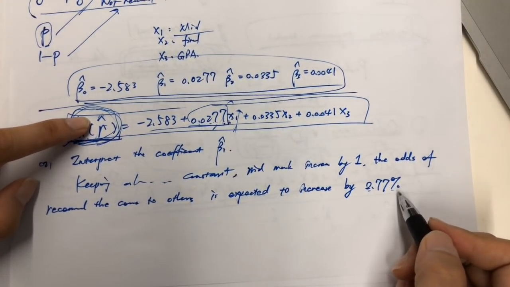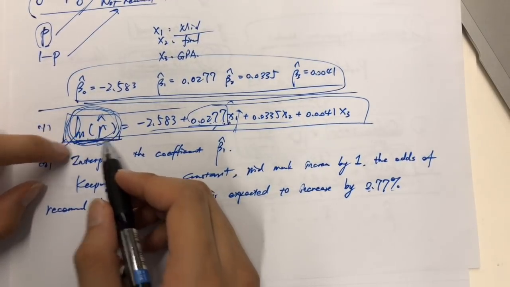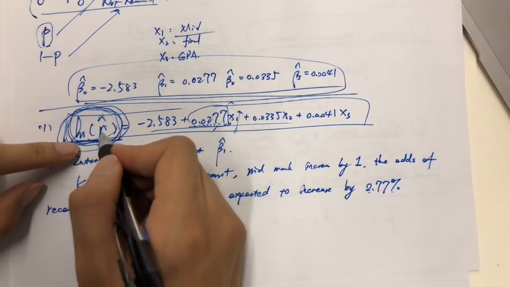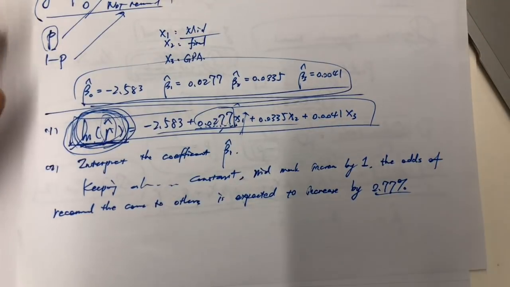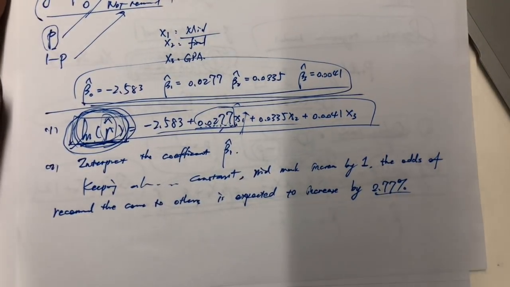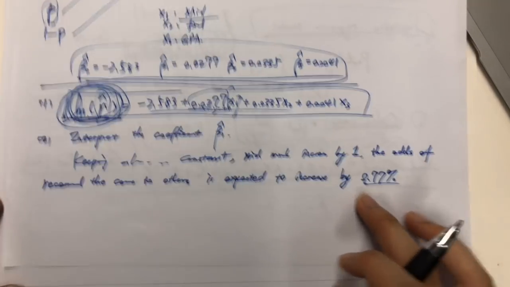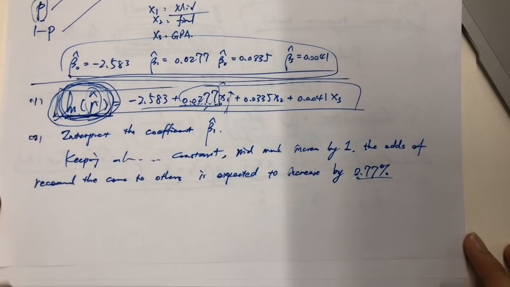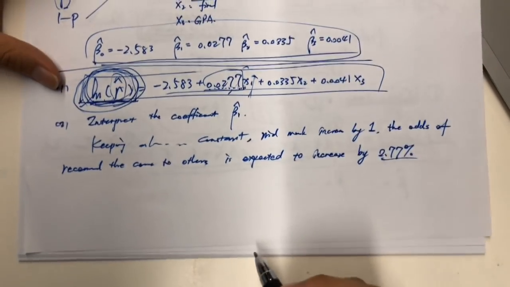If you learn finance, this is actually a continuous compounding thing. But if you haven't learned finance, it doesn't matter. Just remember 2.77%. All right, now interpret the coefficient of beta hat.